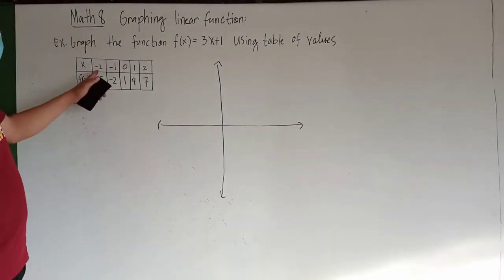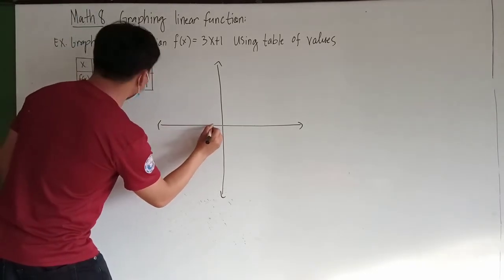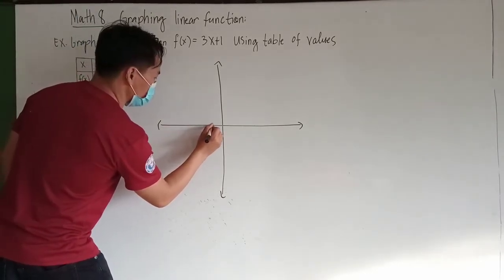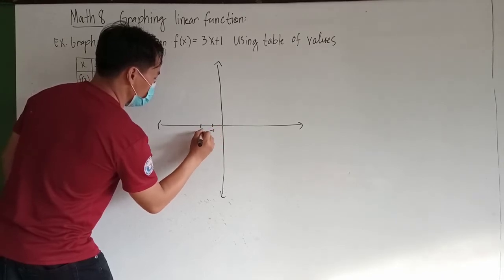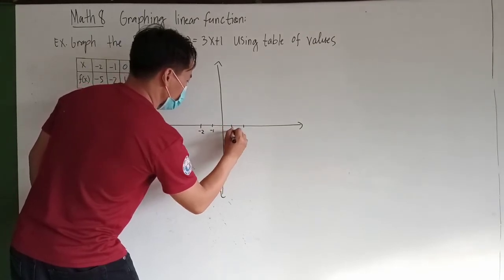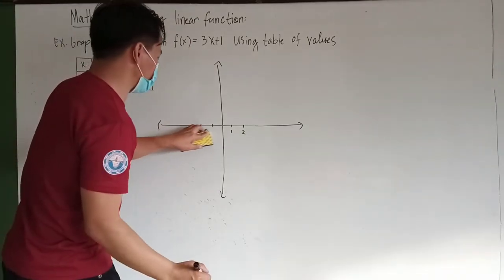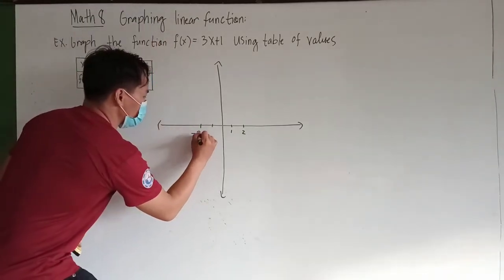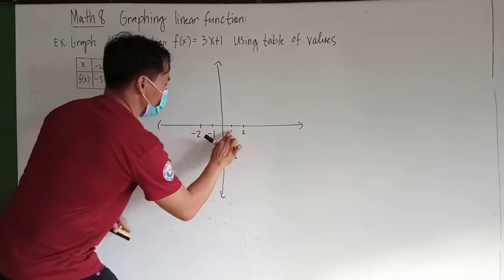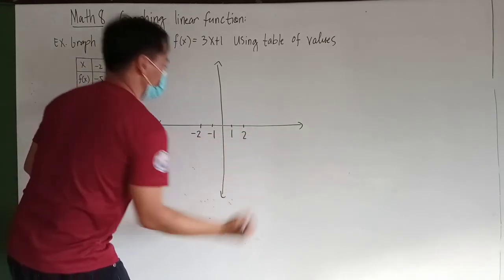Along the x-axis, we have -2 to +2. So we have -2, -1, then 1 and +2. The marks are a bit small, but we have -2, -1, 1, and +2.